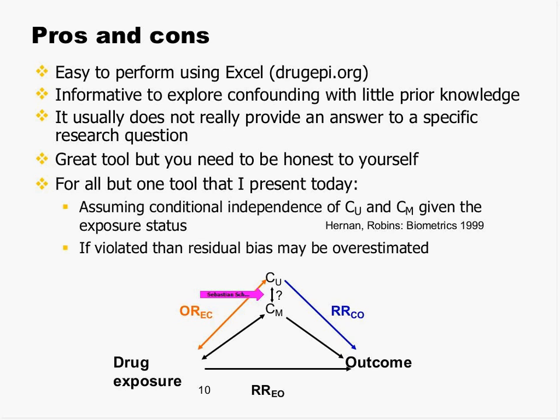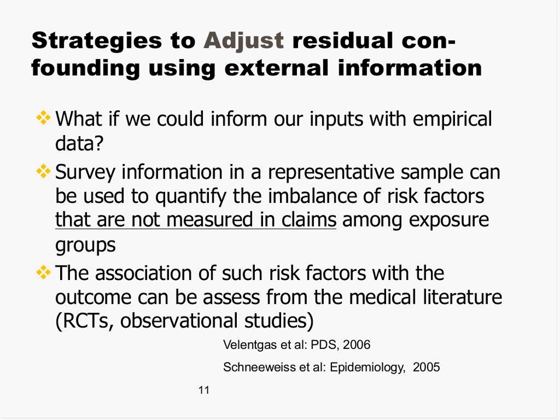But in reality, of course, measured confounders like age, for example, are associated with unmeasured confounders like comorbidity, which goes along with age. So that means we are overestimating the bias caused by this unmeasured factor, because we're assuming that it's totally unrelated to the measured factor, which is rare. I mean, you can conceive that, but it's not very realistic. Anyways, we would be on the conservative side in that sense. We would overestimate the bias. Next slide.